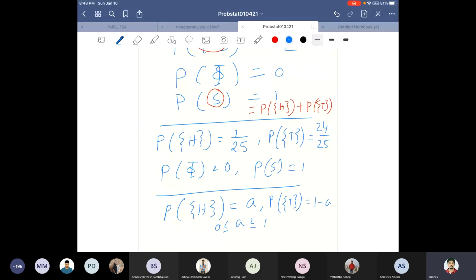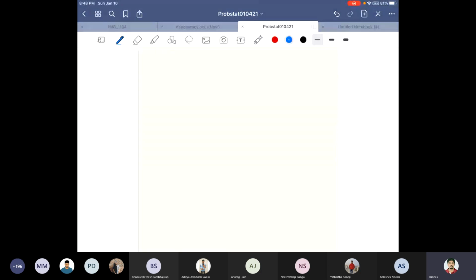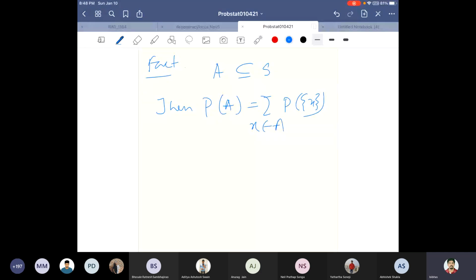In fact, we also proved the following fact. Not proved, but yeah, this is obvious. We said in the first lecture, and mentioned it as a theorem, that if you take any subset A of S, then probability of A is nothing but the sum of the probability of x over all x in A. This is a very simple observation because of postulate 3.